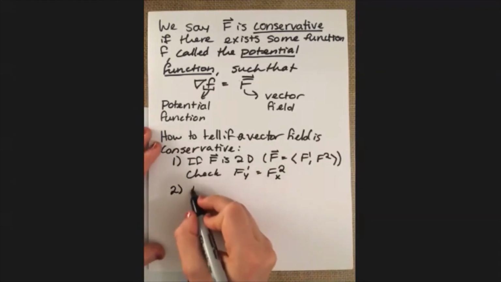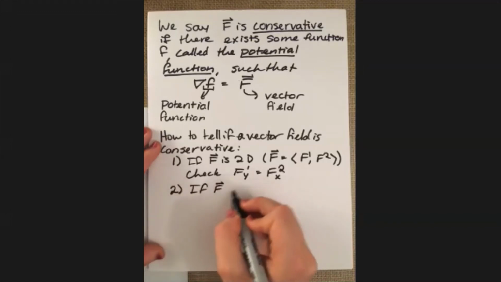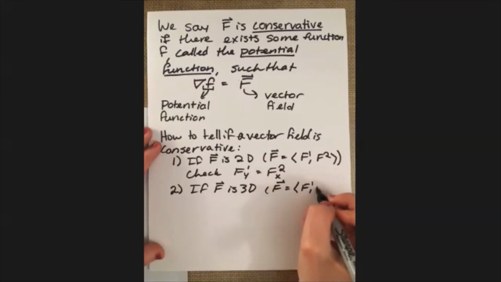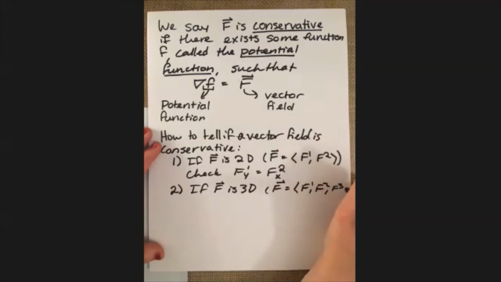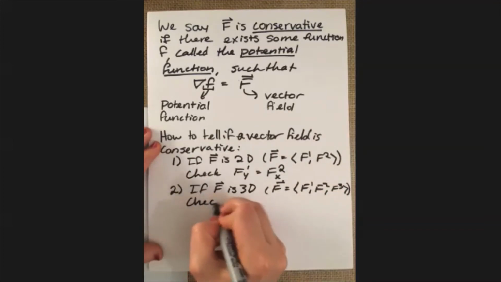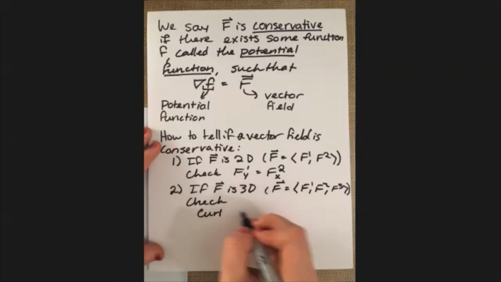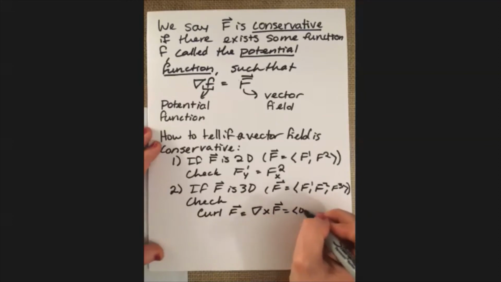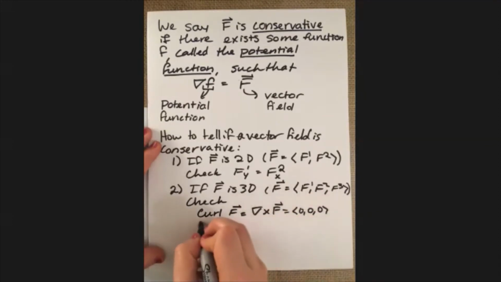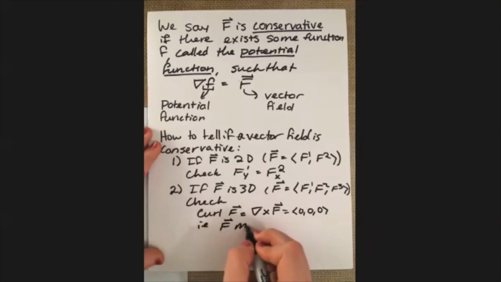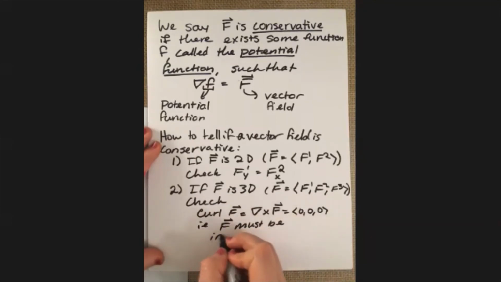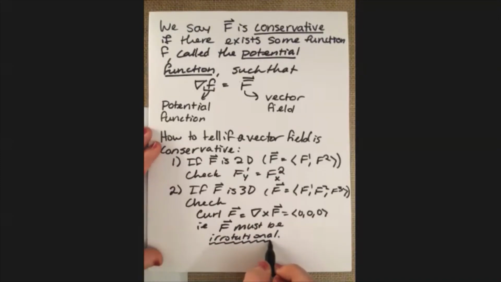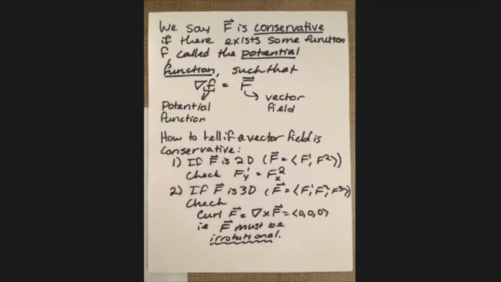And in the 3D case, if f has 3 components, like our 2 examples earlier, what we're going to check is that the curl of f, which is equal to that gradient thing crossed with f, has to be equal to 0. So more specifically, we want f to be irrotational. Looking at that, some of these ideas are connected.